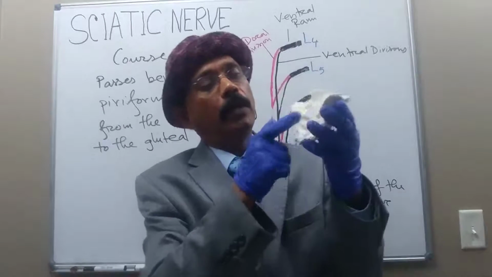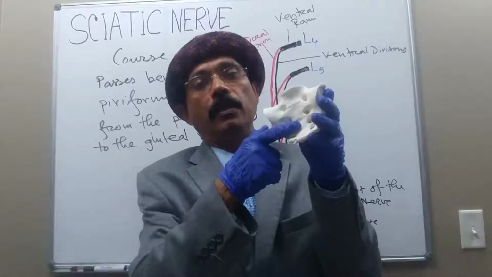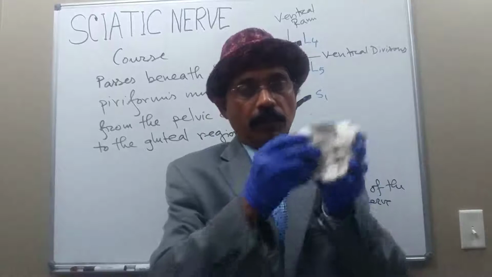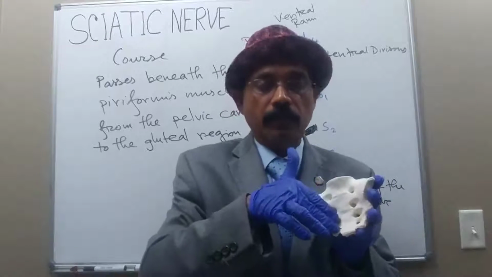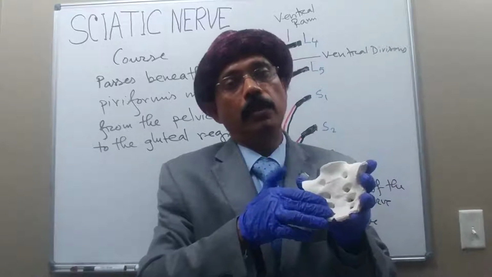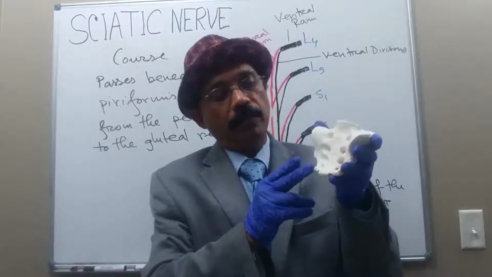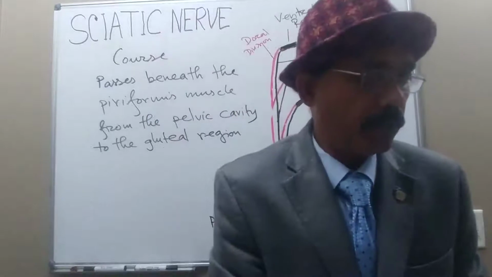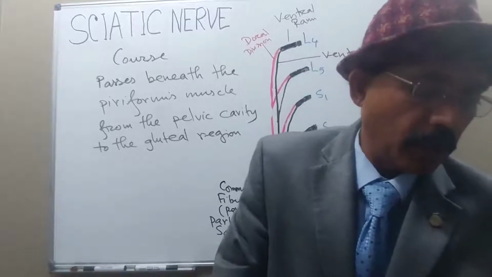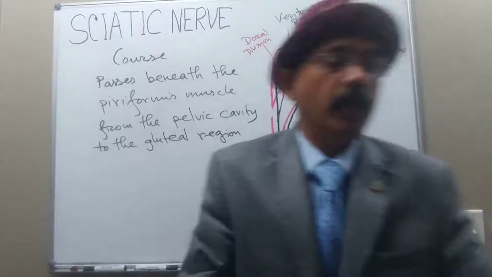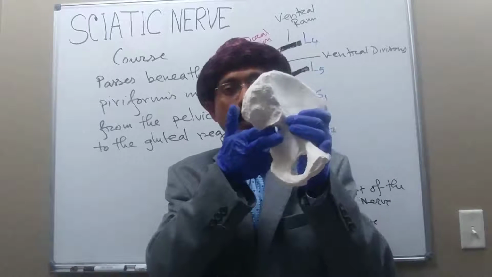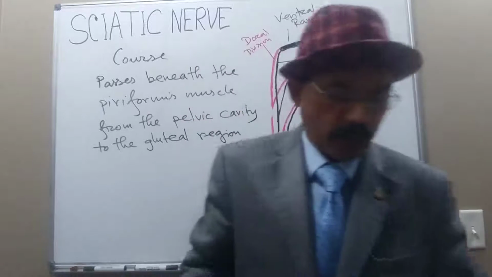This is the sacrum. Our piriformis is here, the piriformis muscle on both sides, with origin from the sacrum. In front of it, there is formation of the sciatic nerve. It passes beneath the piriformis muscle and comes out of the pelvic cavity through the greater sciatic foramen.